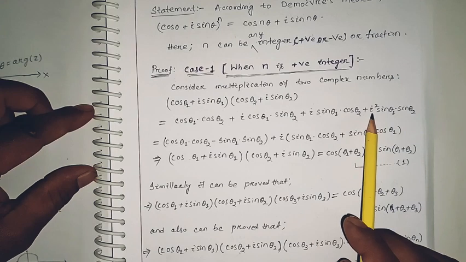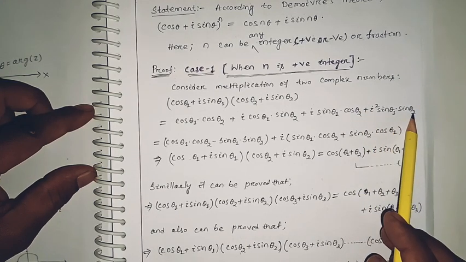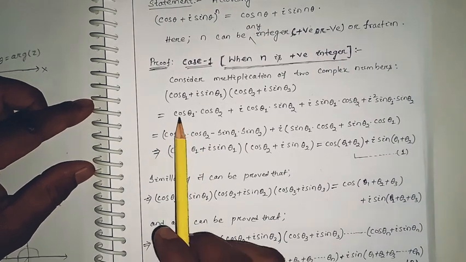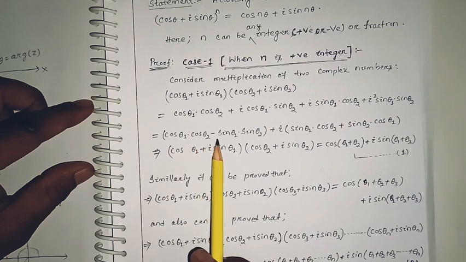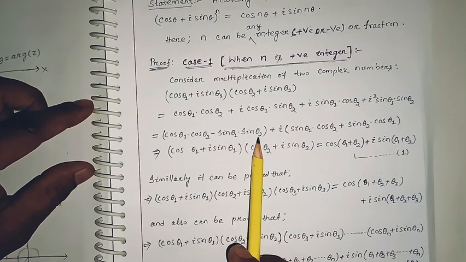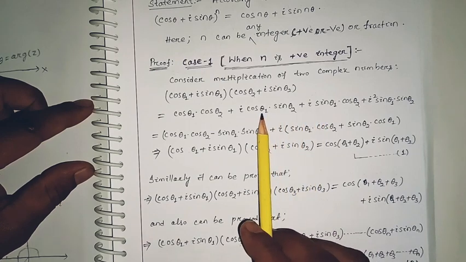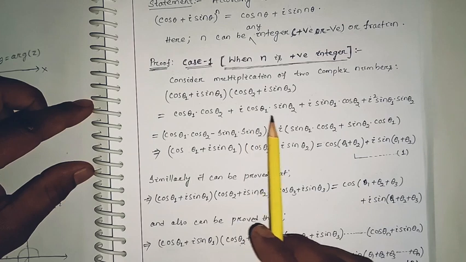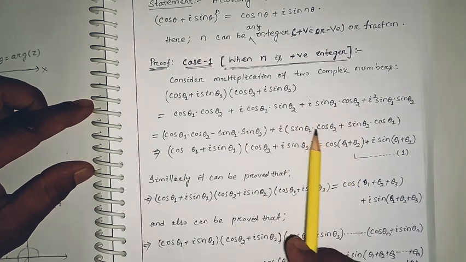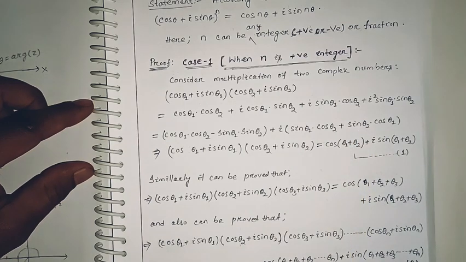Here i square is nothing but minus 1, so this will be minus sin theta 1 into sin theta 2. So we can write cos theta 1 cos theta 2 minus sin theta 1 sin theta 2, plus i common for these two terms, sin theta 1 cos theta 2 and cos theta 1 sin theta 2.